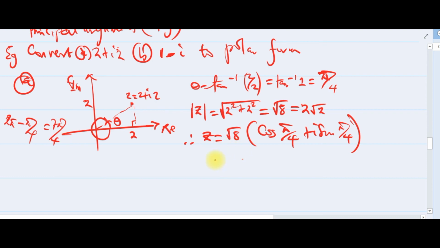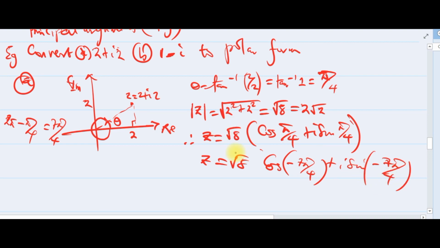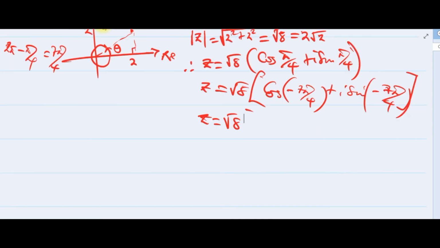So if we don't write it that way, it's root 8 cos of minus 7 pi over 4 plus i sine of minus 7 pi over 4. Okay, this is root 8.